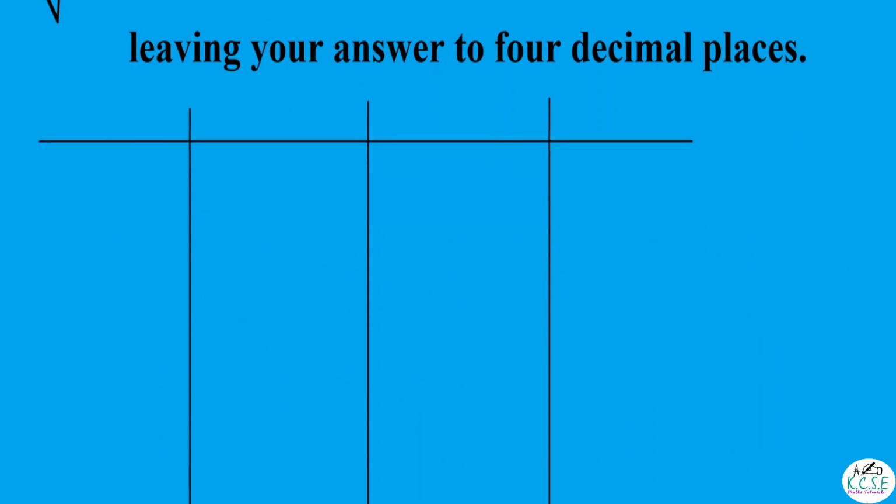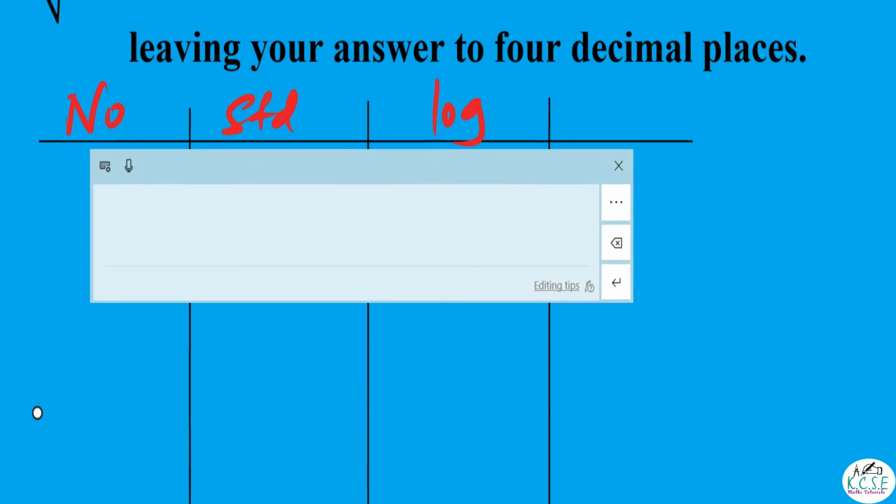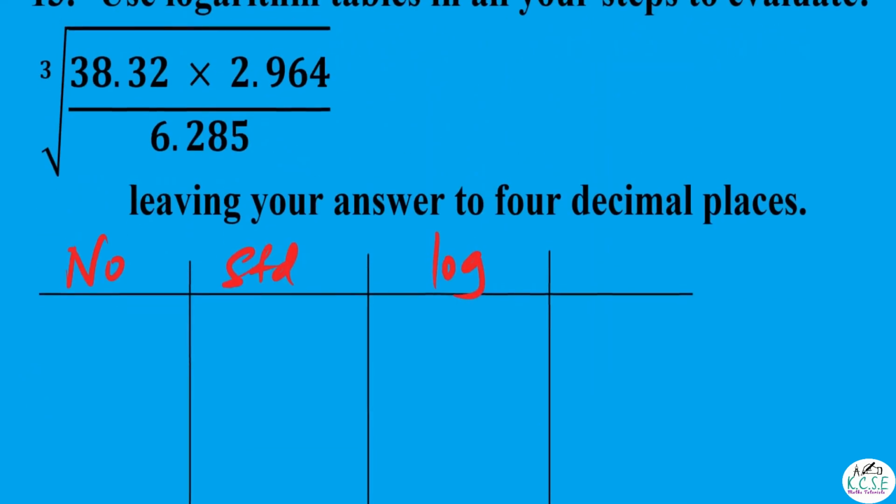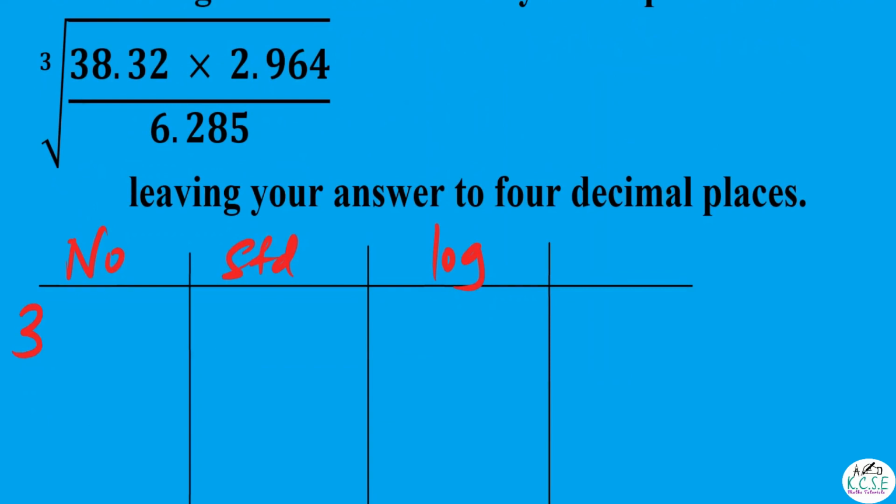These are the columns. The first column shall have the number. This is for standard form. This one is for the log. So the first number is 38.32.